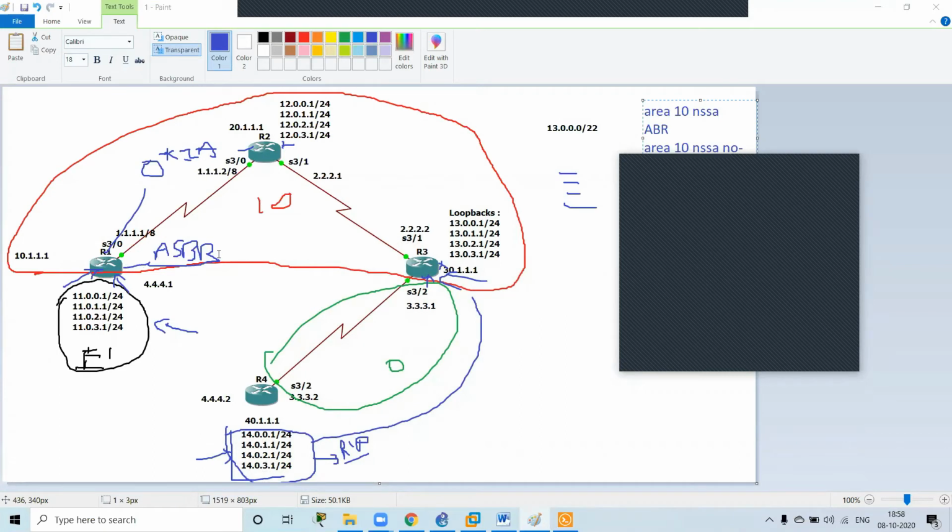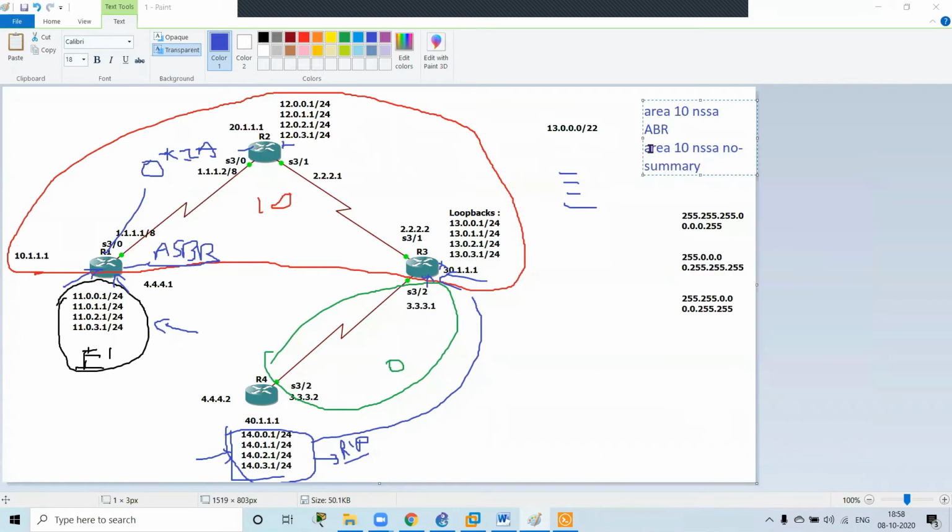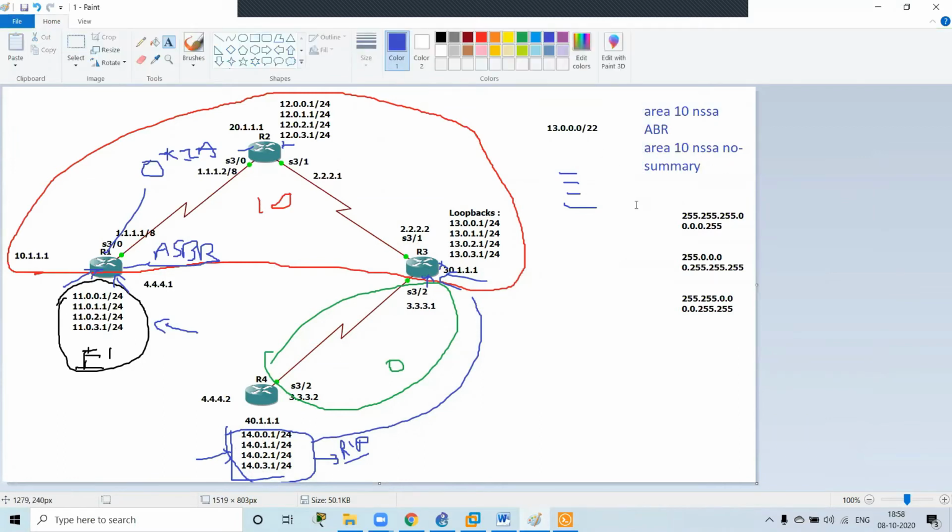So we only have to run this command on R3: area 10 NSSA no summary. And on the internal routers of the area, you have to give the command area 10 NSSA.